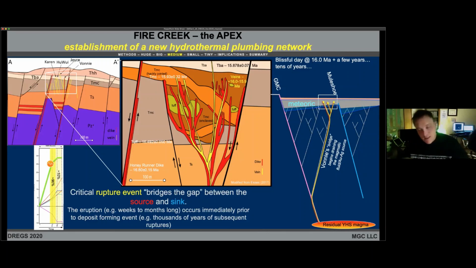The important event is the basin-forming faults reached dimensions capable enough to bridge that gap. And when they did that, the shortest path of least resistance to the surface brings those fluids and that magma to that apex location.